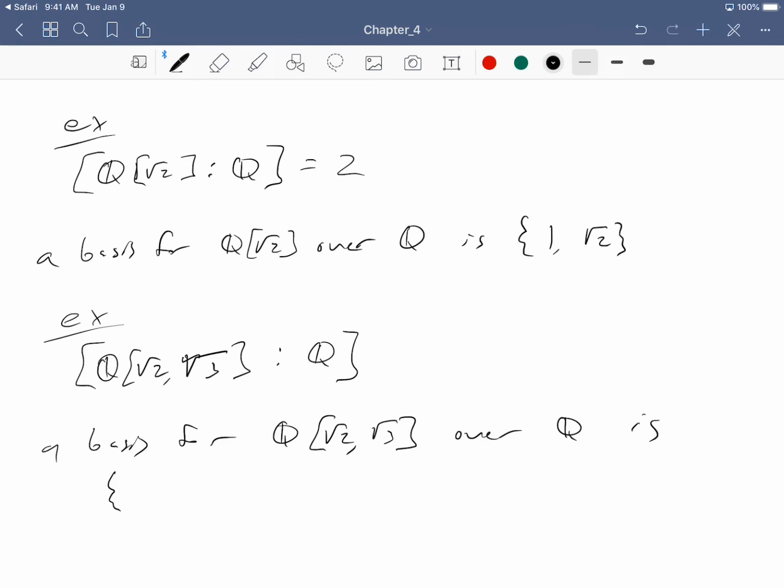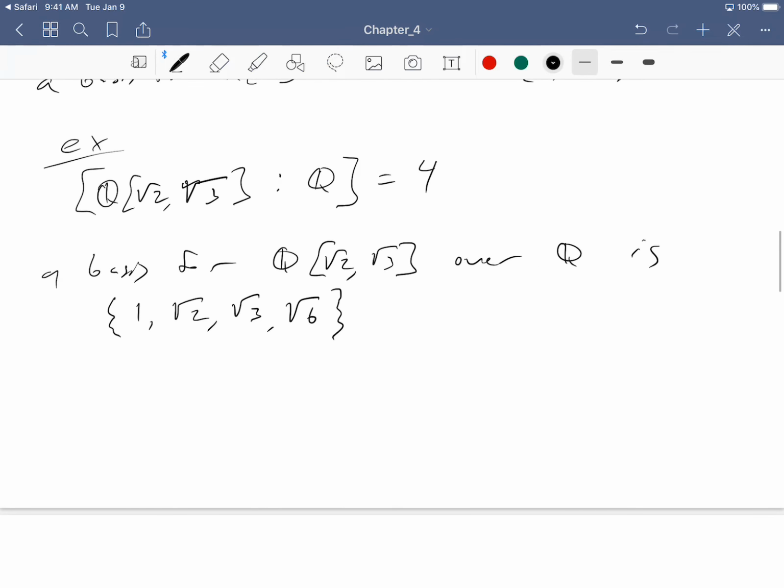The elements of Q(root 2, root 3) were a plus b root 2 plus c root 3 plus d root 6. And so our basis was 1, root 2, root 3, root 6. And then the coefficients a, b, c, and d, those were the rational numbers. Those were the scalars that we used. And so the dimension here, the degree of this field extension, is 4.